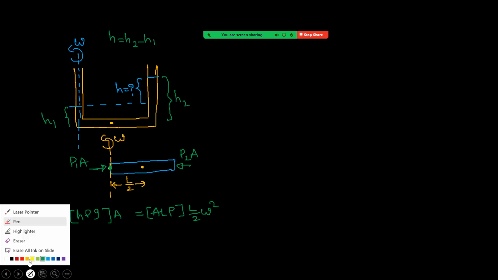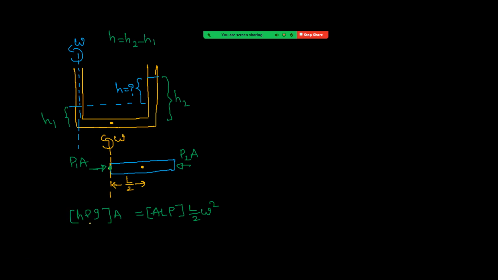Now see the calculation part. Rho cancelled, A cancelled, H equal to L and L square. It is L square omega square. Here g is left, and here 2 is left. L square omega square by 2g. This is now the difference of the liquid levels. Okay. So just focus on the center of mass of the horizontal part of the liquid, right?